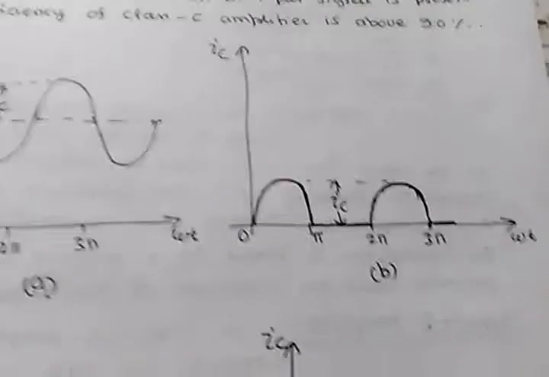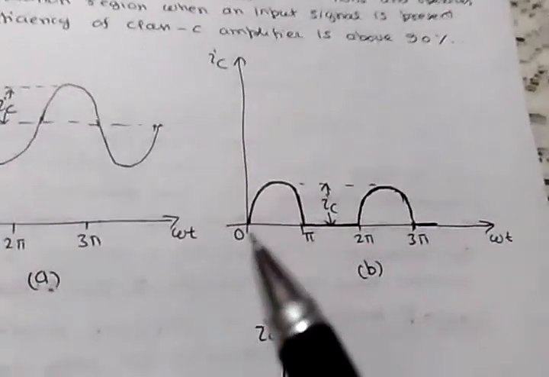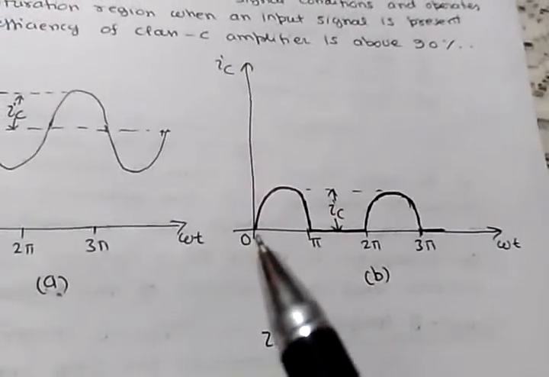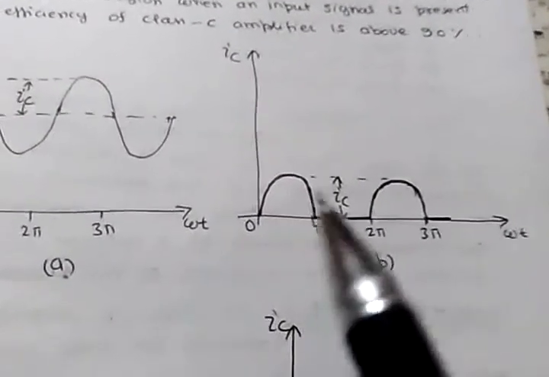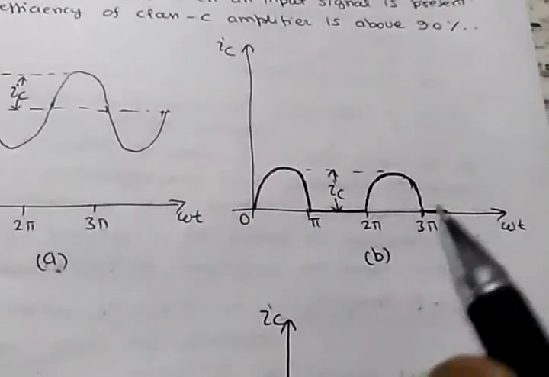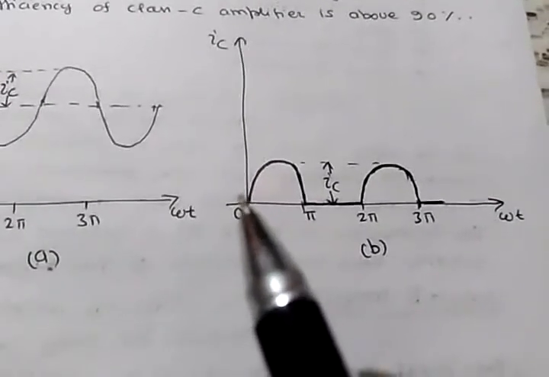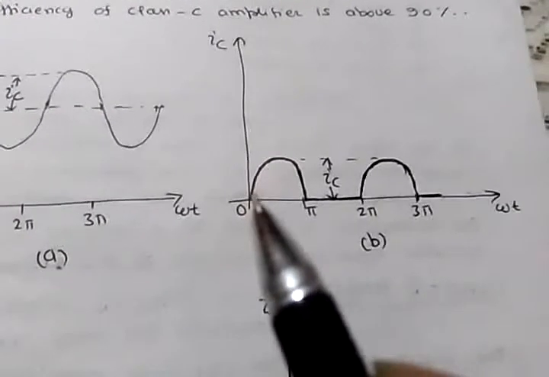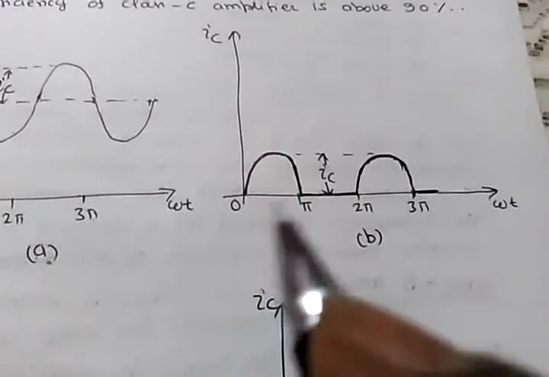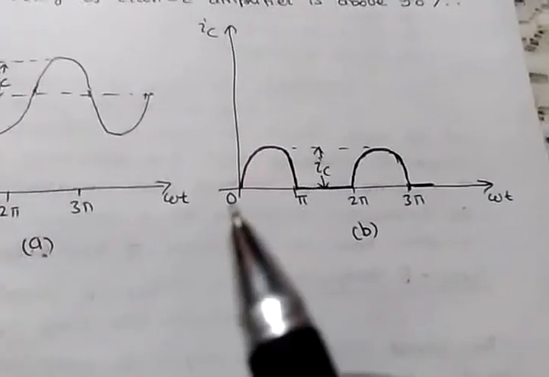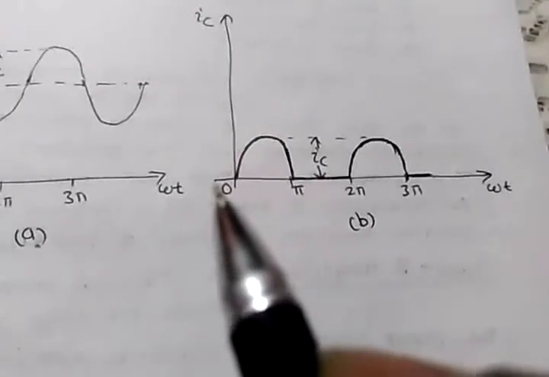Class B amplifier is biased at 0 DC level, meaning zero signal collector current is 0. When no input is applied, in that case collector current will be 0. This is the reason the efficiency of class B amplifier is high. Since conduction angle in case of class B amplifier is only 180 degrees, it can conduct only either the positive half cycle or the negative half cycle.